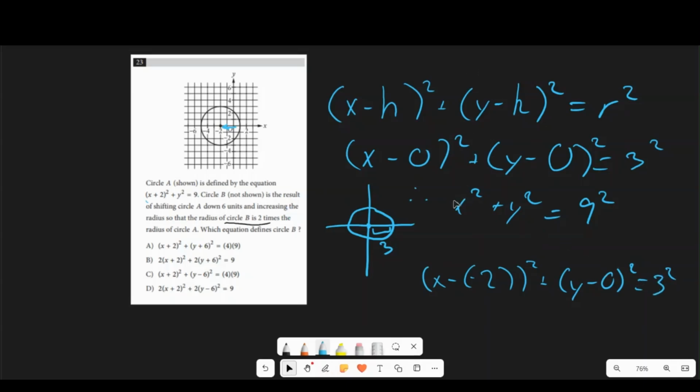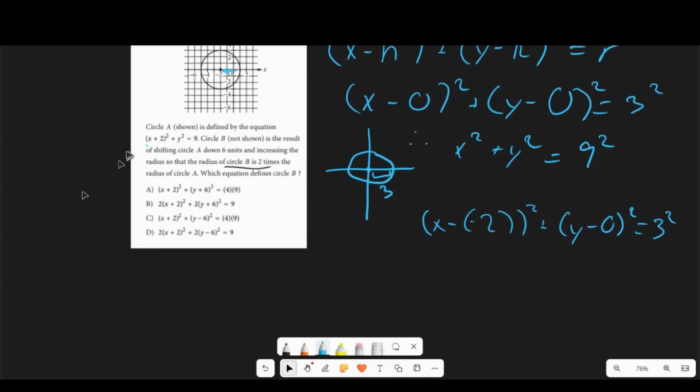Let's see if this evaluates to the same equation we have here. x minus minus 2 is going to be x + 2, all squared. Then (y − 0)² is just y². And then 3² is 9.